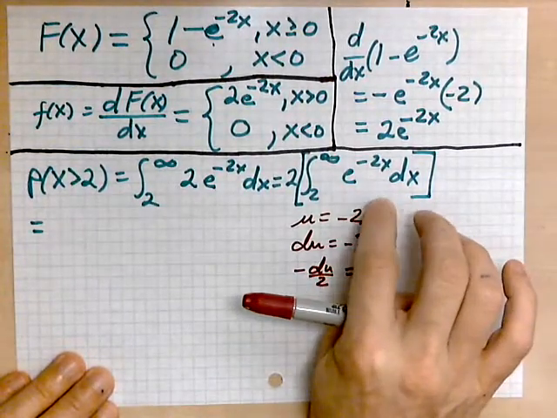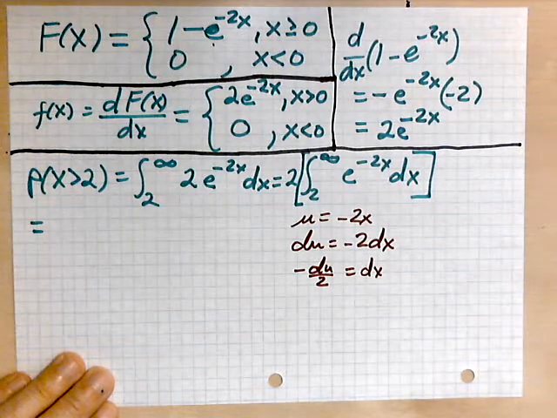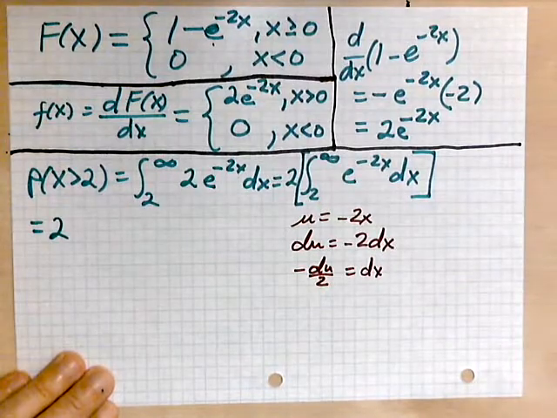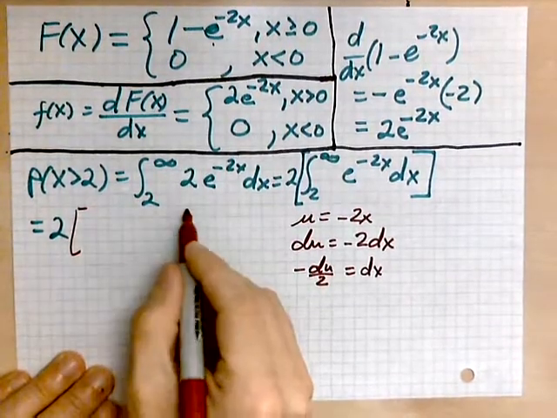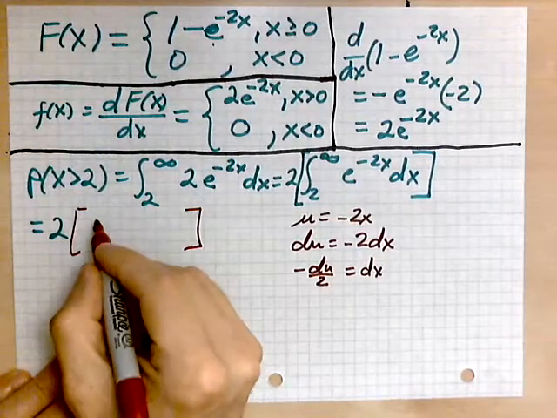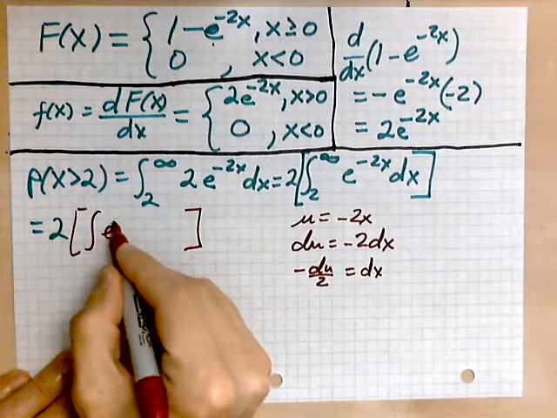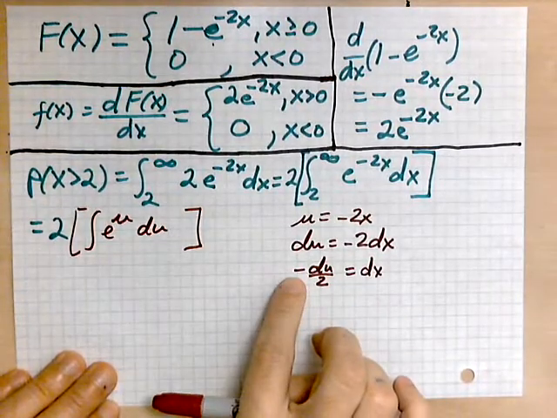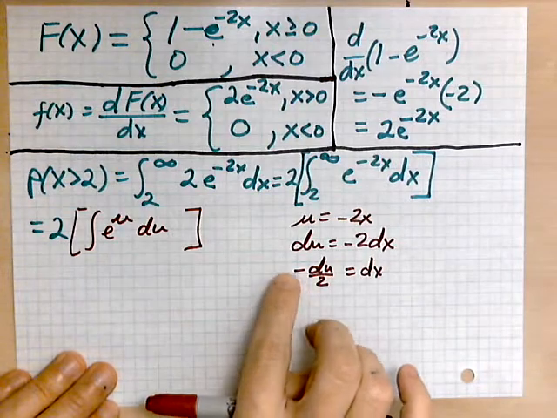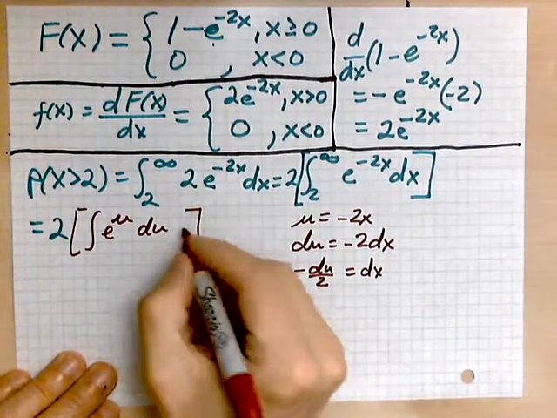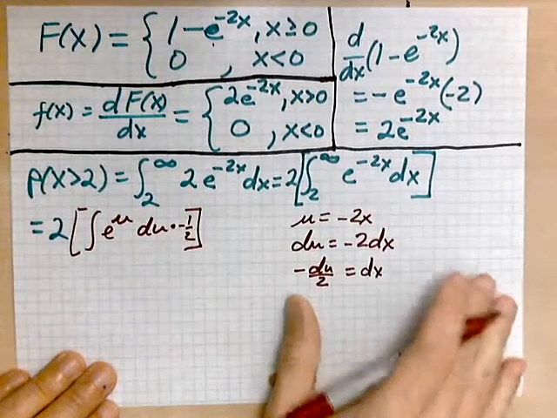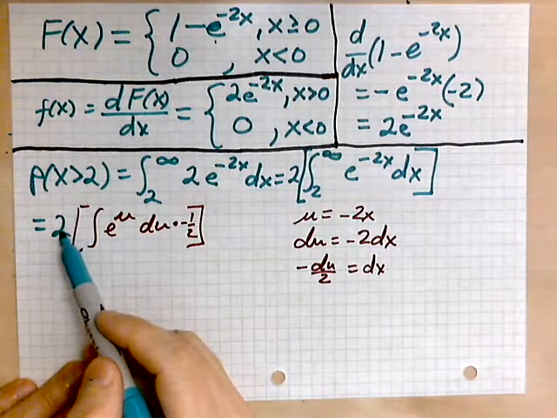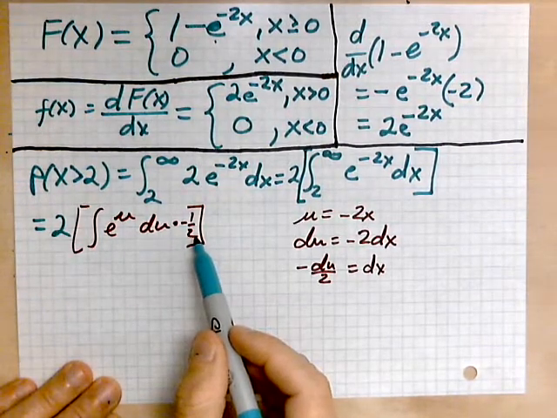Now we can return to the integral and make the replacements. The original 2 from here is still kept, but then we have a new integral that looks like this: the integral of e to the u du multiplied by negative 1 over 2. Notice that this 2 and that 2 at the bottom cancel.